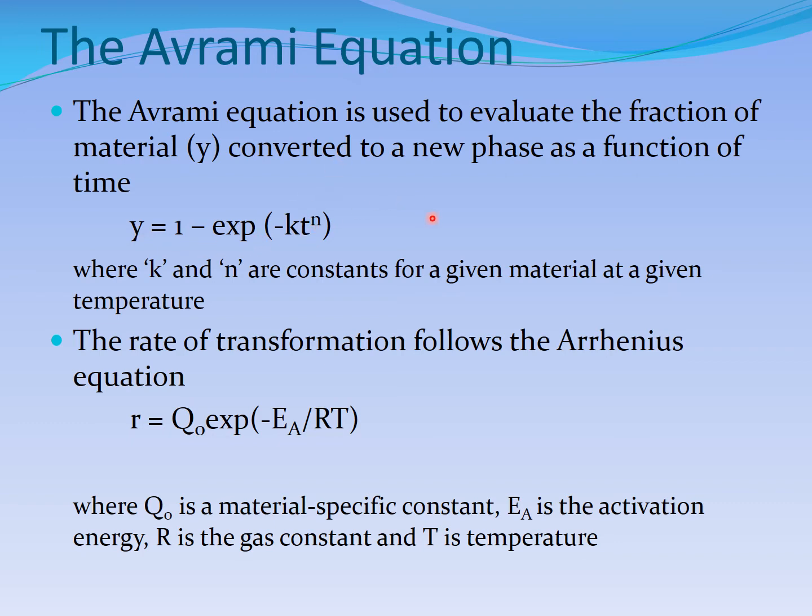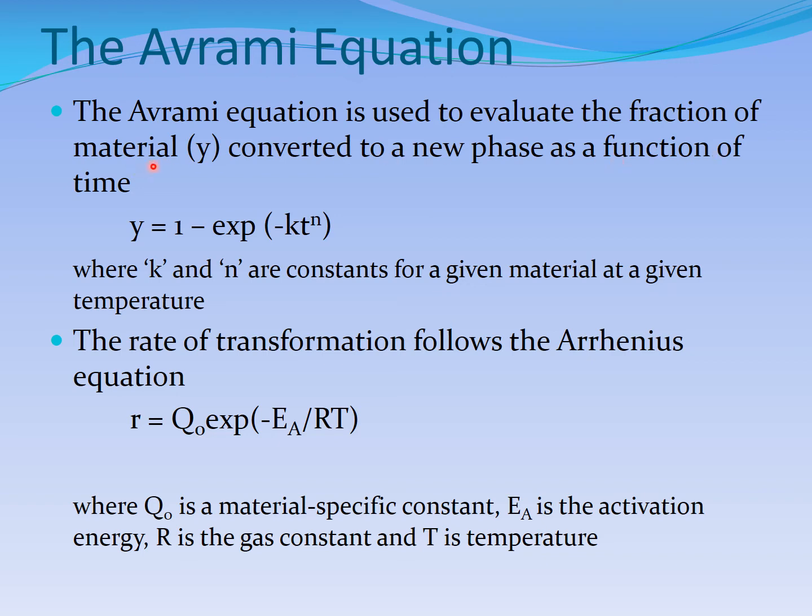If you remember, in thermodynamics we also have equations with a constant and then e raised to something. They are all called Arrhenius type equations. But well, the Avrami equation is used to evaluate the fraction of material Y converted to a new phase as a function of time, right?